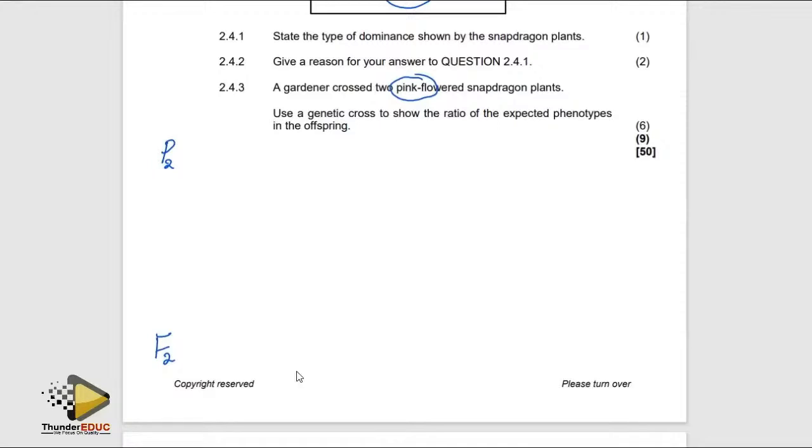So now P2, you tell us the phenotype. The phenotype is pink. We cross it with another pink flower. The X must be like this. It must not be like this. No, the X must be like this.